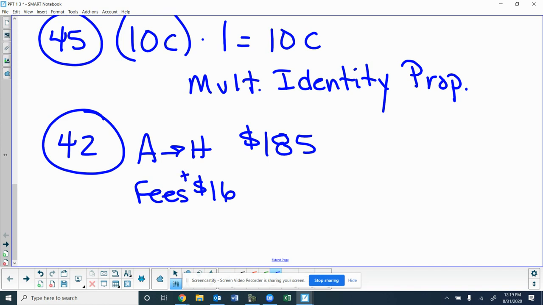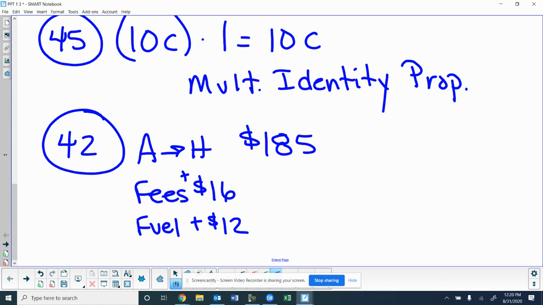Additional, so added on, plus. And $12 fuel surcharge. So additional $12 there. Jose purchased a ticket online 40% off the base price. Explain how to use mental math to find Jose's final price to the nearest dollar.